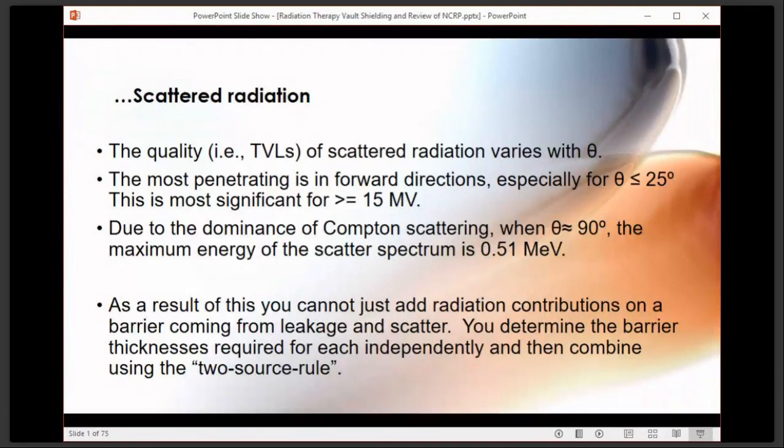So as a result of the fact that the two types of radiation on secondary barriers are not equivalent in energy, let alone strength, you can't just add them up and determine the total radiation incident on the other side of the barrier. You basically need to determine the barrier thicknesses required for each one independently and then combine them using the two-source rule. So what is this two-source rule?